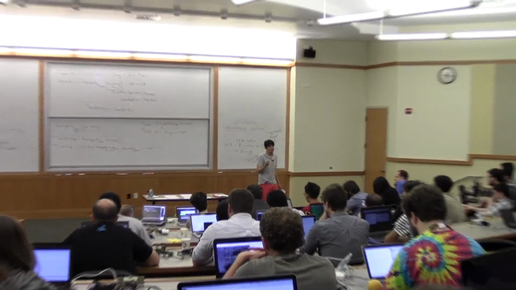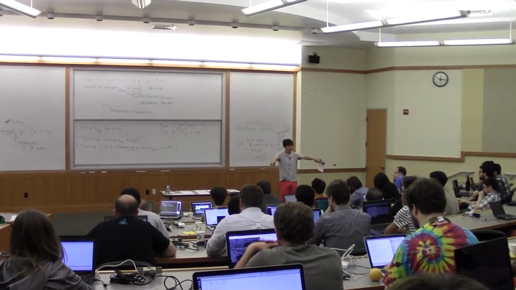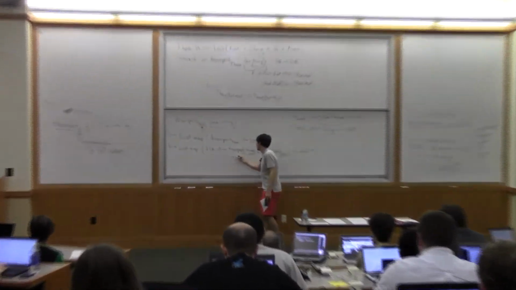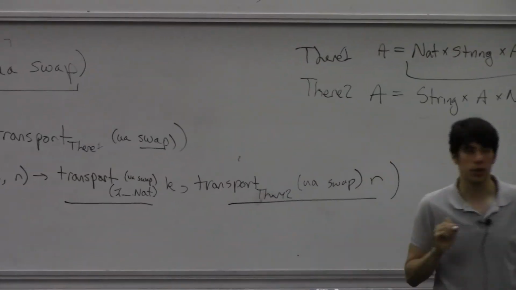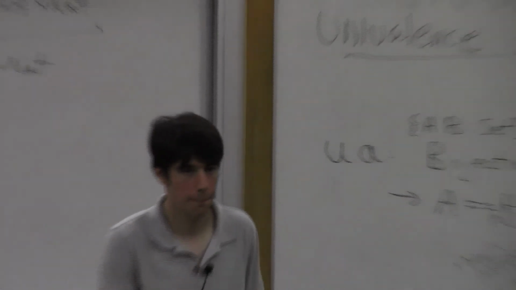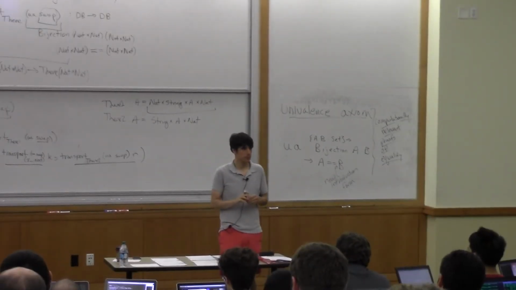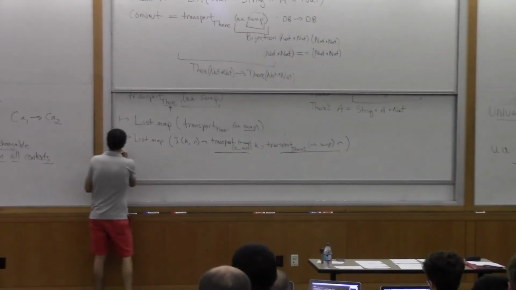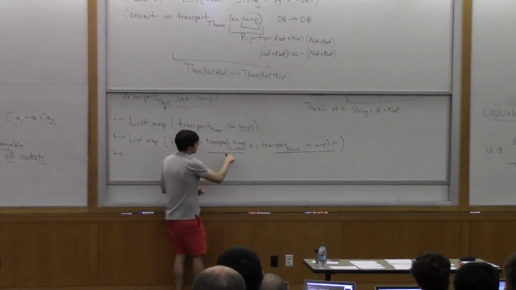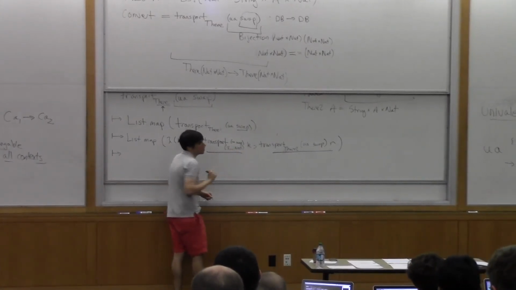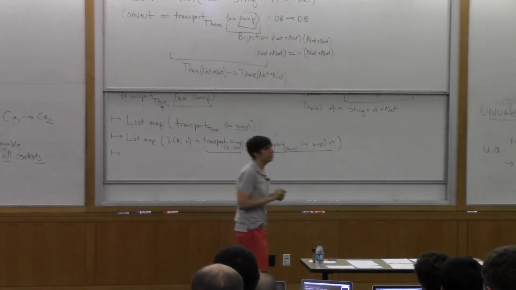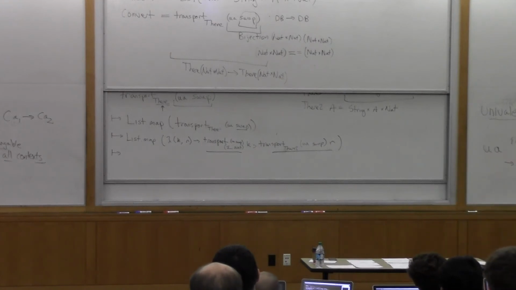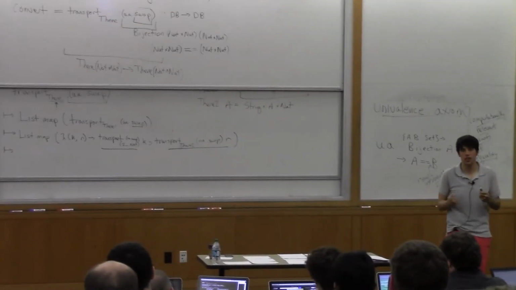Does that make sense? So remember what map did for pairs. It pushed inside. Transport for pairs pushes inside. You get a transport on the first component and a transport on the second component. OK, good? All right, next one. Now what we have in the first component is transport of lambda underscore dot nat. Lambda underscore dot nat is a constant functor, just like knat was when we did this in the embedded domain-specific language.